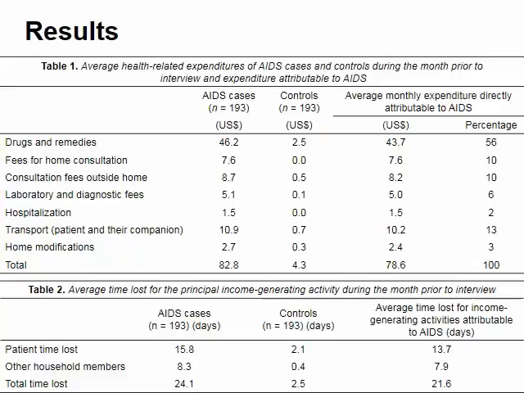So here is the results table, and in the first table you see the average health-related expenditures of AIDS cases and controls, and then the difference, which is attributable to AIDS. So you'll see that for drugs and remedies, and this is in the 1 month prior to interview, because they were doing a community-based study, a community-based survey. And you'll see that drugs, there was an extra $43.7, and for fees for home consultation, an increase in $7.6, and so on.